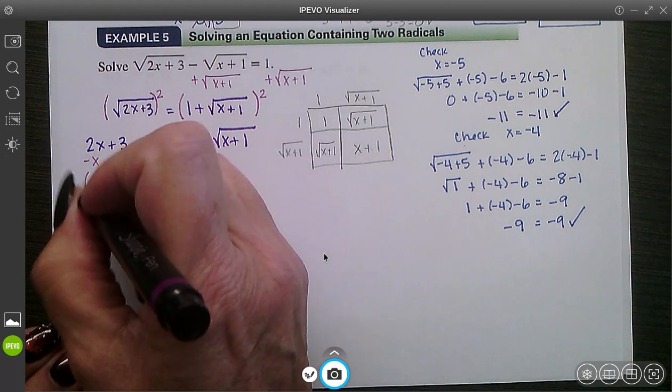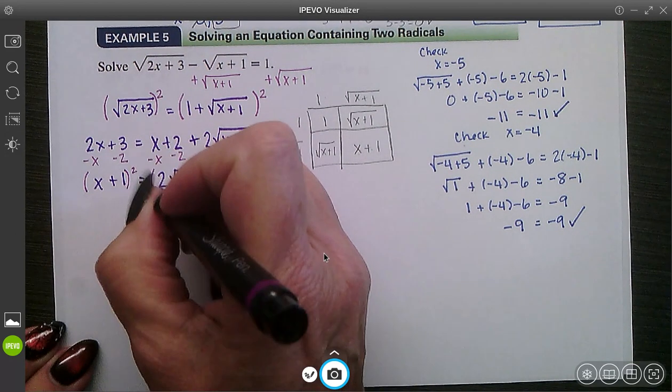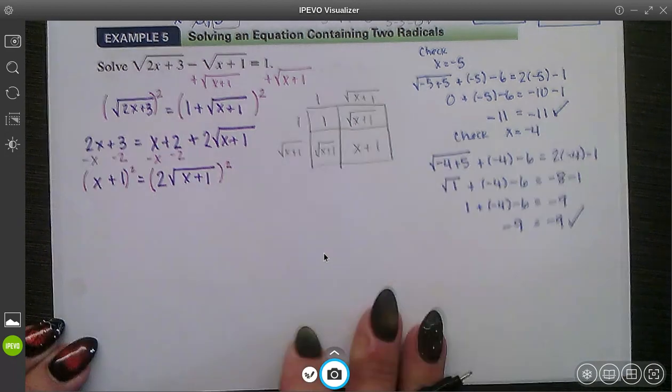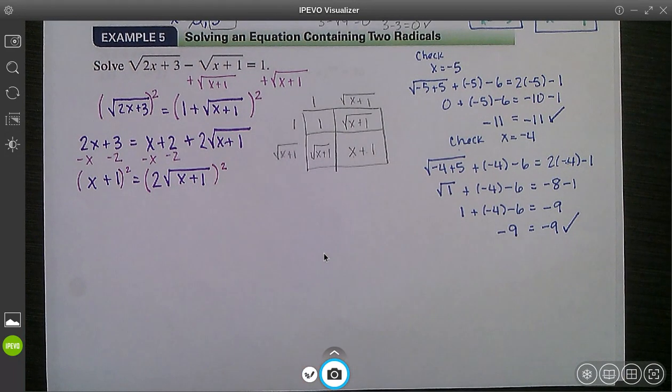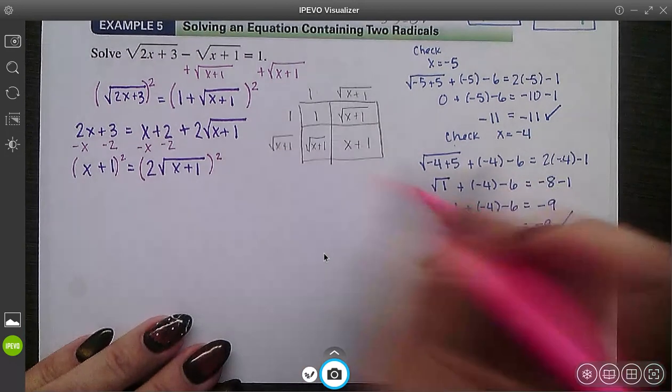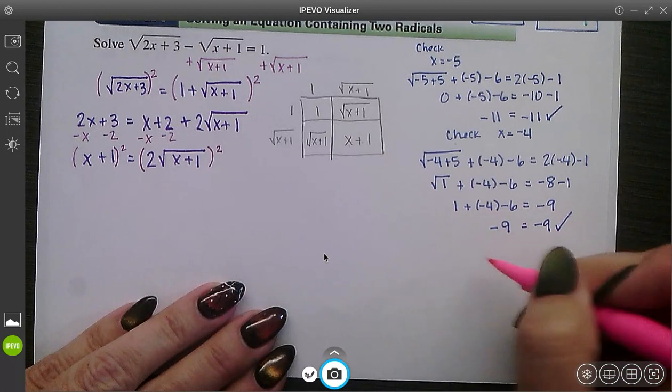I have to put both sides inside a set of parentheses and square it. So let's write a little, hopefully we got room somewhere. We'll put it down here.